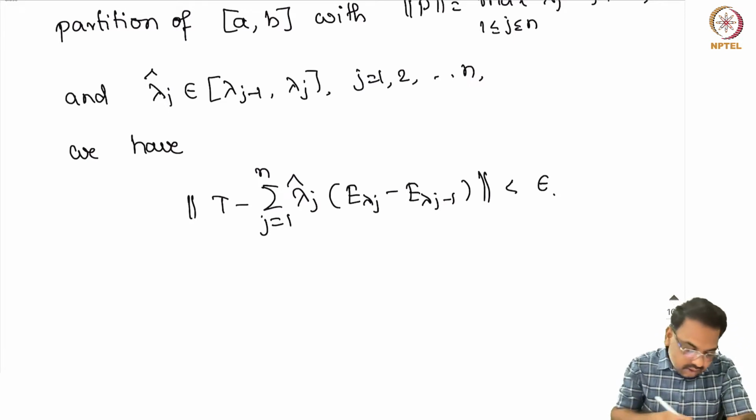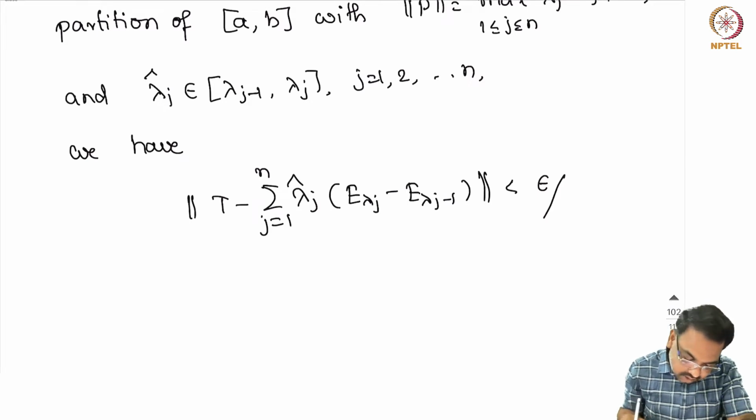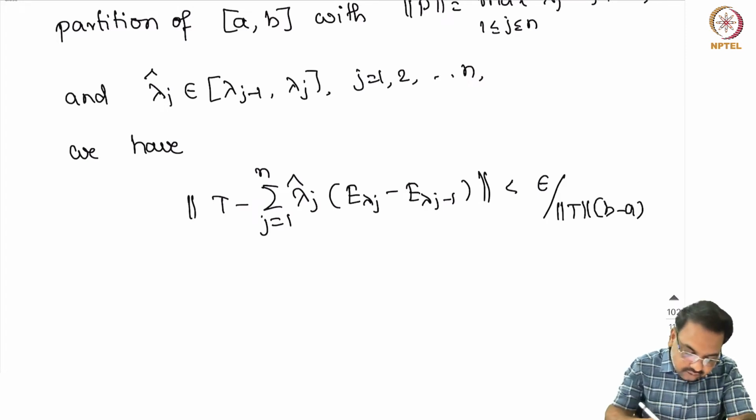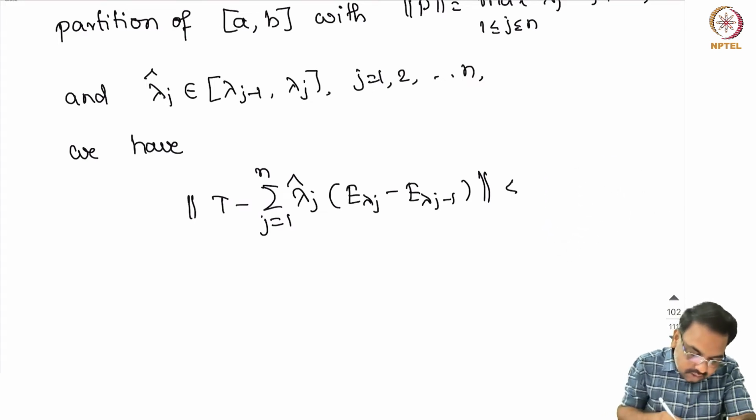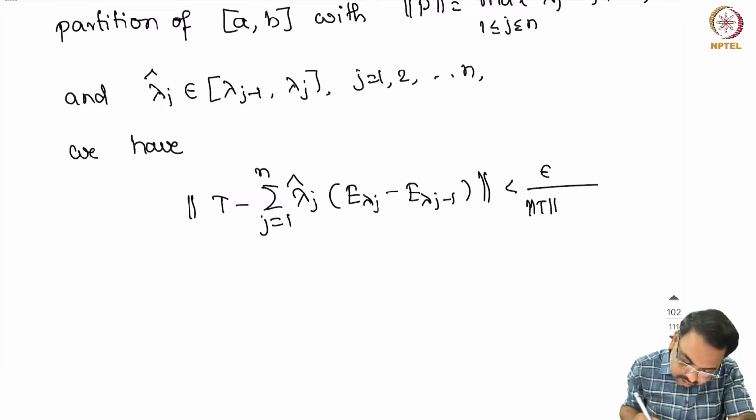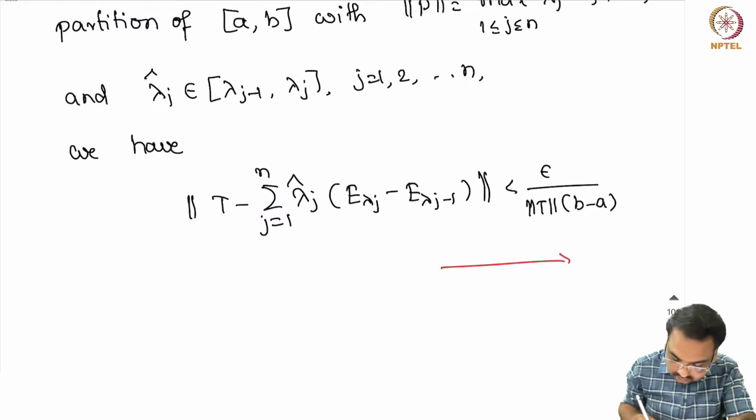So here instead of epsilon we can take epsilon by norm of T into (b minus a). We will understand why we have to take this at a later stage. So let us call this inequality 1.